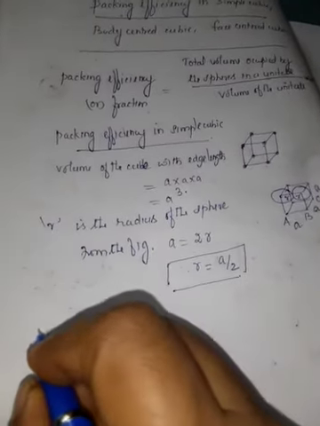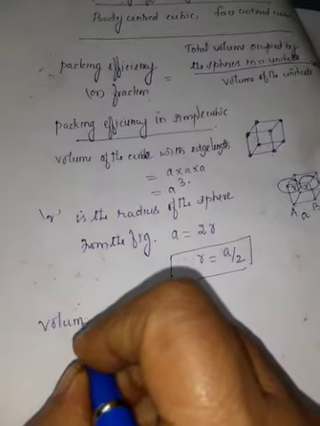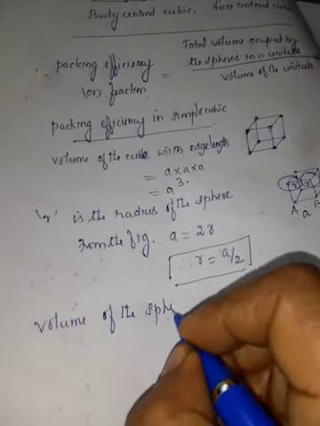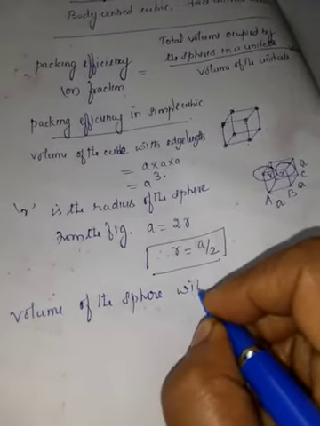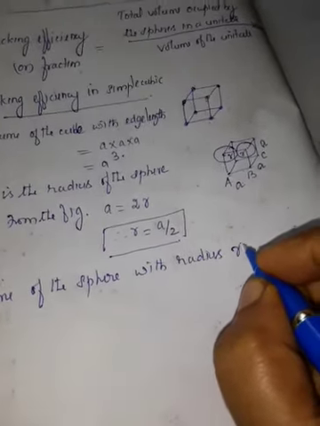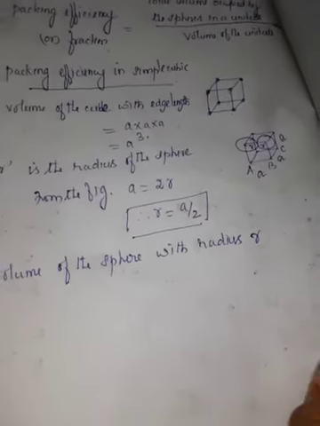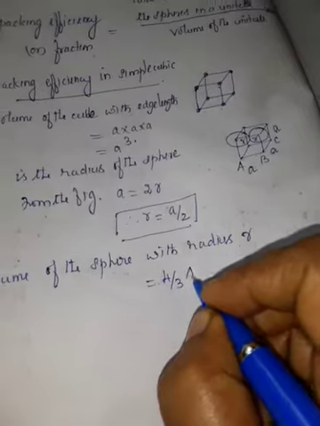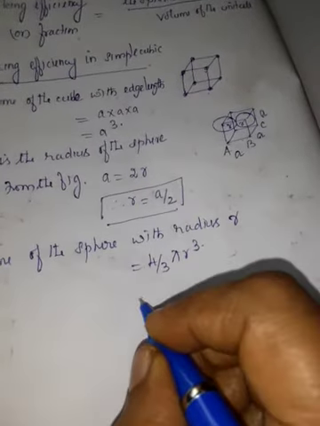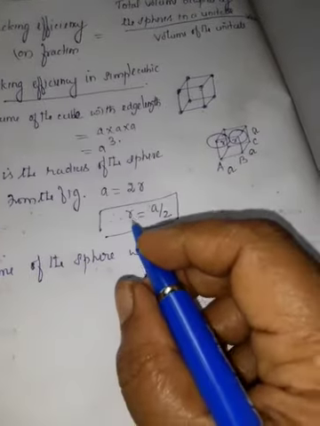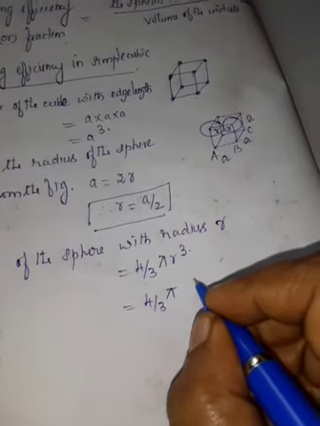Now, volume of the sphere with radius R is equal to 4 by 3 pi R cube. Substitute the value for this one.